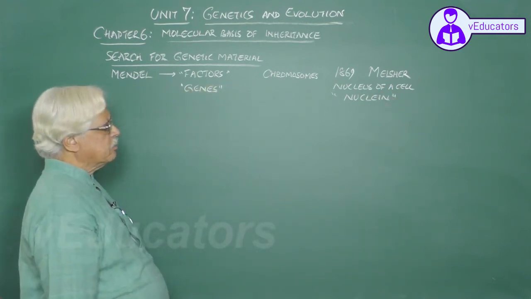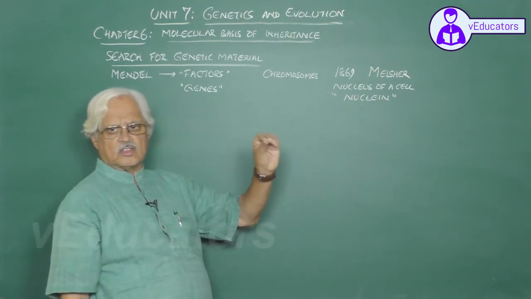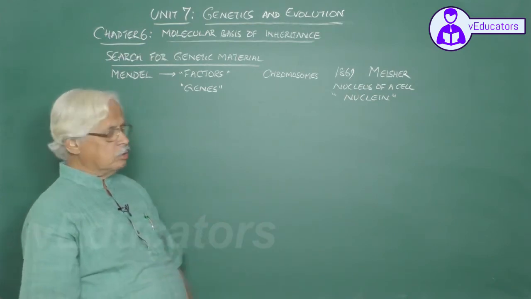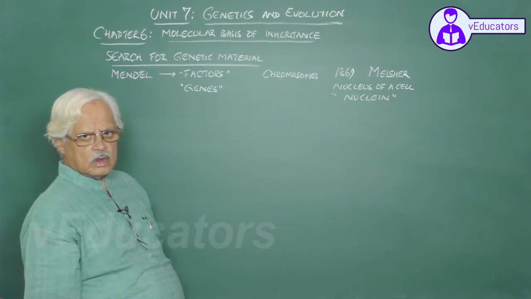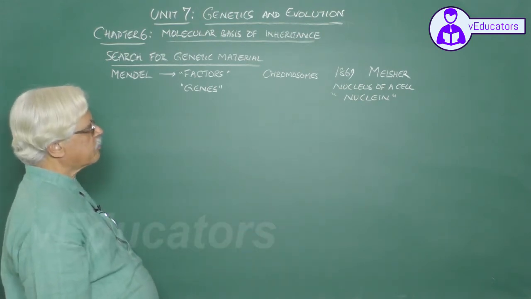A little later, this nuclein was found to contain an acidic substance, but its exact chemical nature could not be established and its role in the cell could not be established.